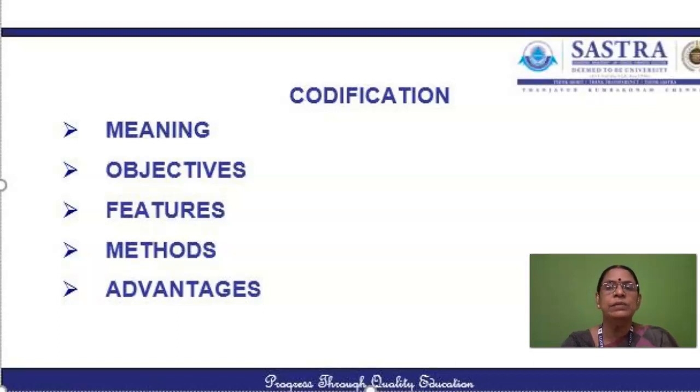Then dead stock items. These items are generally used in government departments, that is, the items which have only some definite life, but cannot be written off before the end of the life. Then they are called dead stock items.